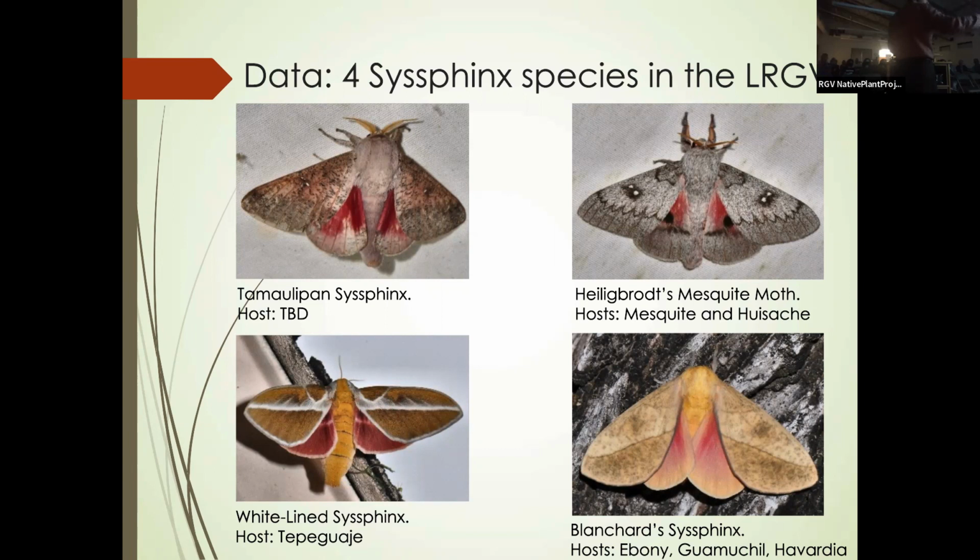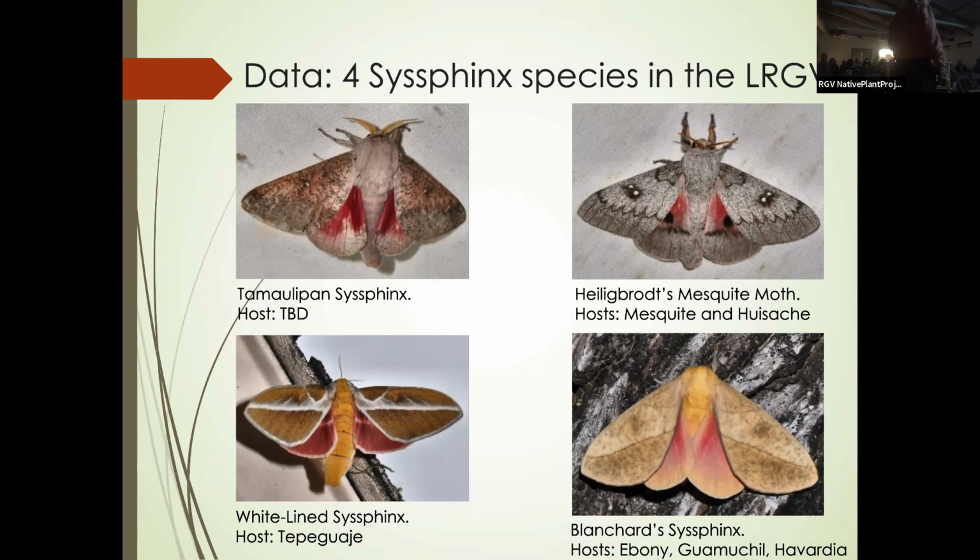And in fact, when we started looking for the Tamaulipan, we had not found it on those other 2. So as far as we knew, basically, the mesquite moth was the only one that ate more than one host plant. The white-line Syssphinx, it eats tepeguaje, Leucaena. Is that how you say it? Leucaena? Anyways, those big fern-like leafed trees in Sabal Palm.